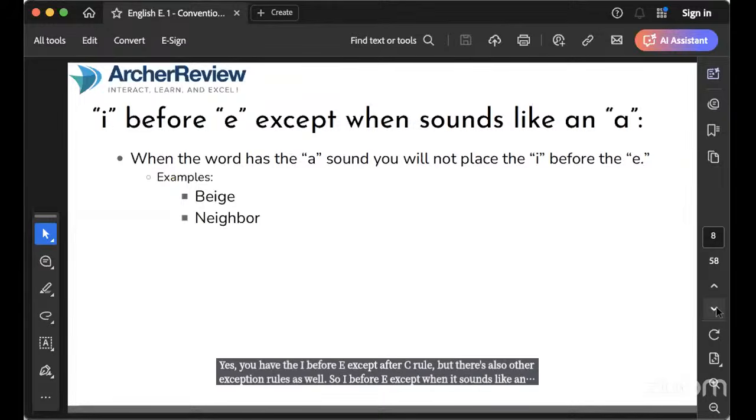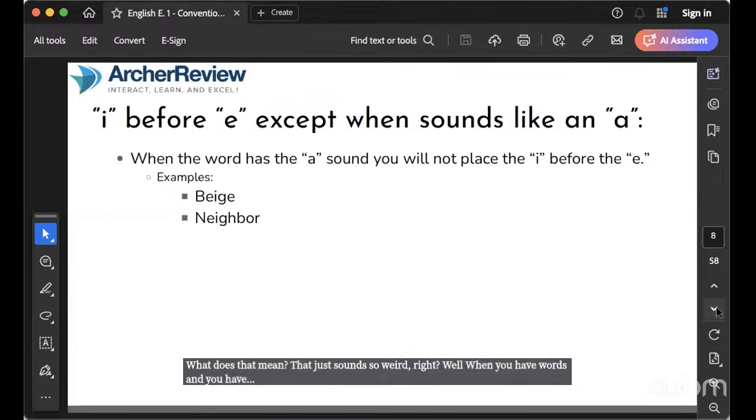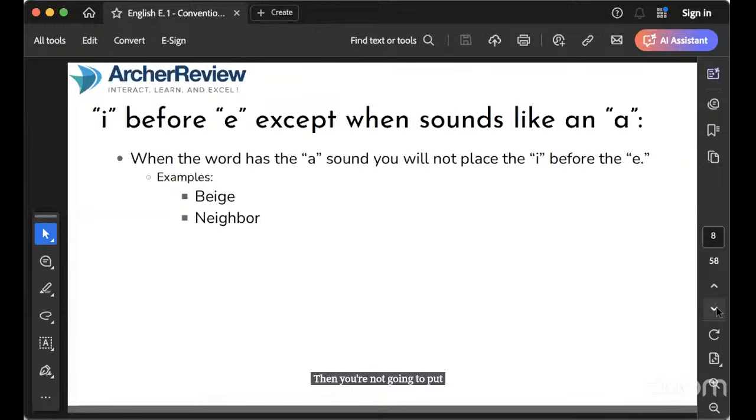What does that mean? That just sounds so weird, right? Well, when you pronounce words out loud and you hear them, if the IE combo, when pronounced, makes the sound of an A, then you're not going to put the I first, you're going to put the E first.